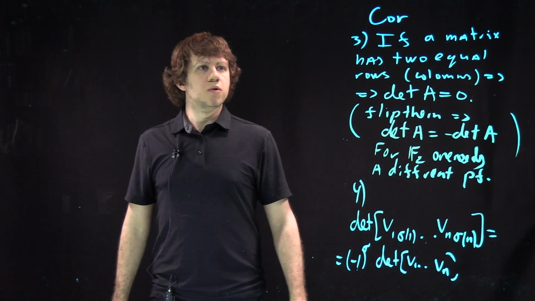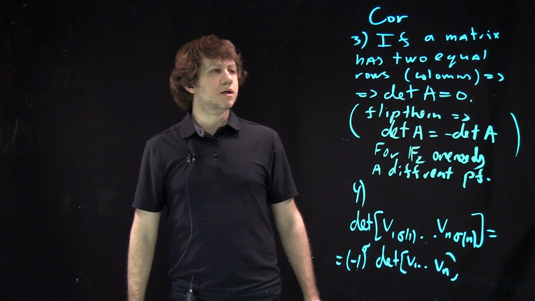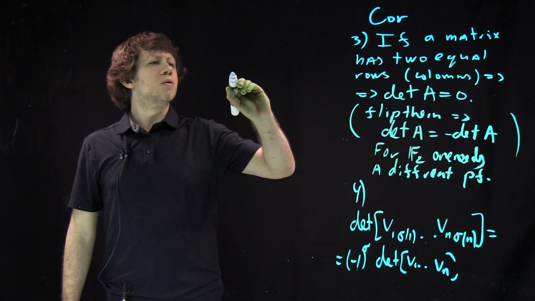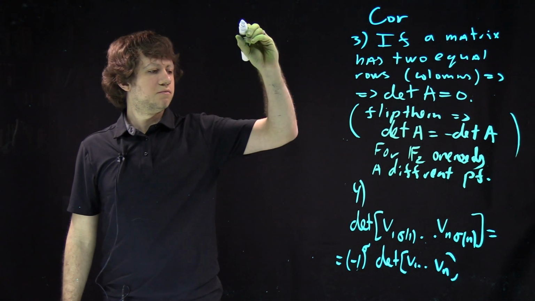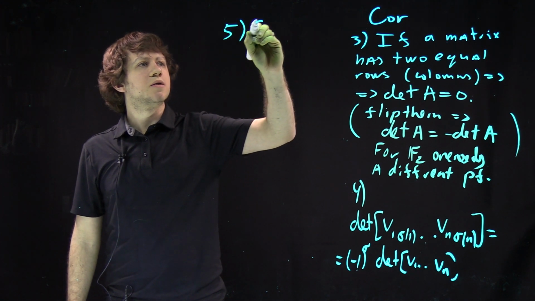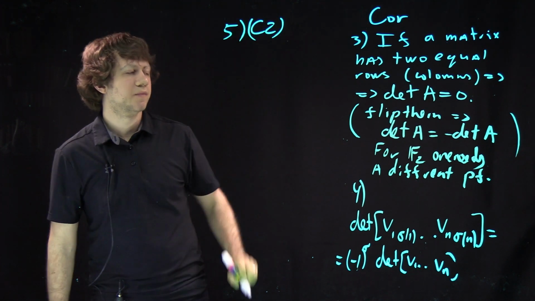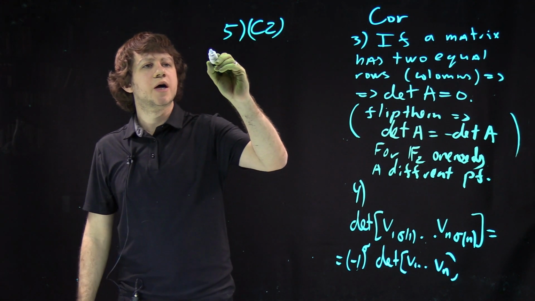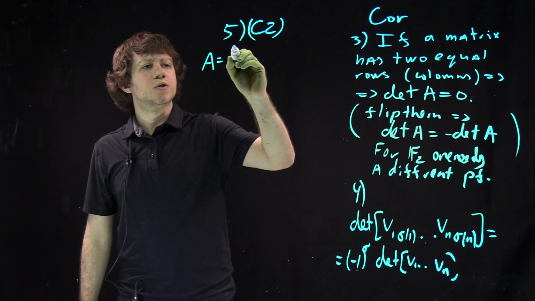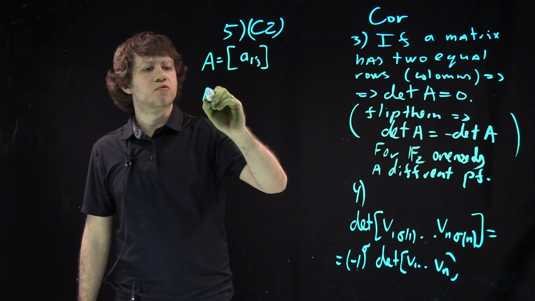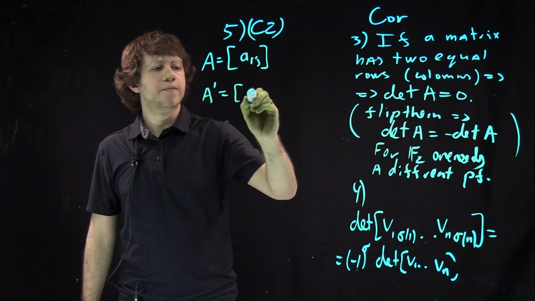Perfect. So now let's discuss the second row operation, that's property 5. Let's discuss the column 2 operation. What is a column 2 operation? I remind you, we had a matrix A, which was some matrix Aij, and now you have A prime, Aij prime.